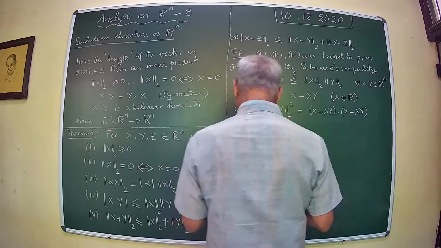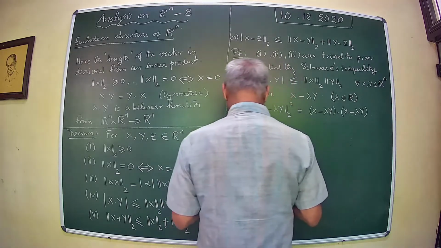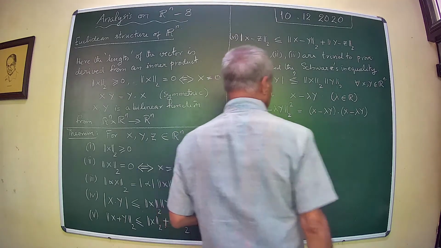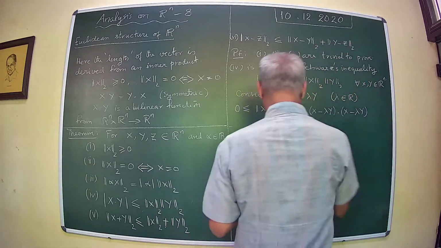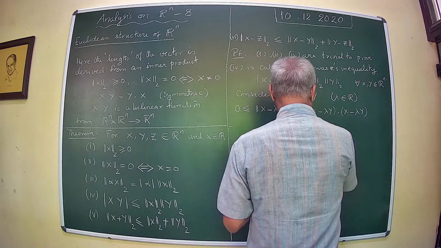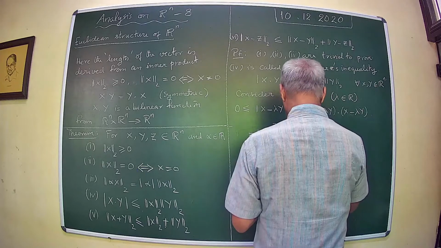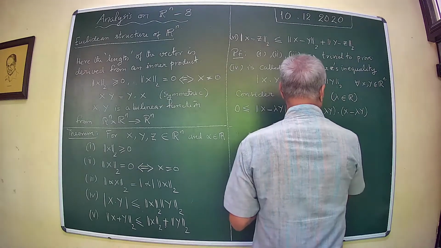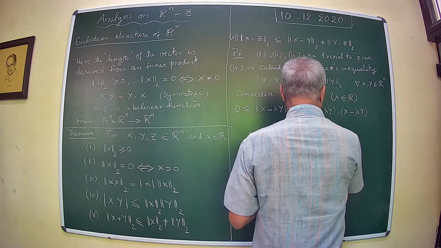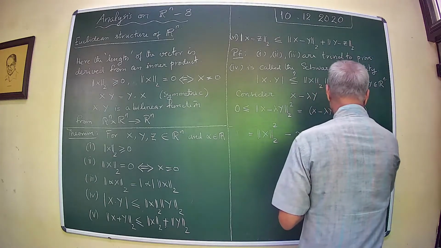Make some computations here. Now this is equal to norm x square, x dot x, minus twice lambda x dot y, plus lambda square norm y square.